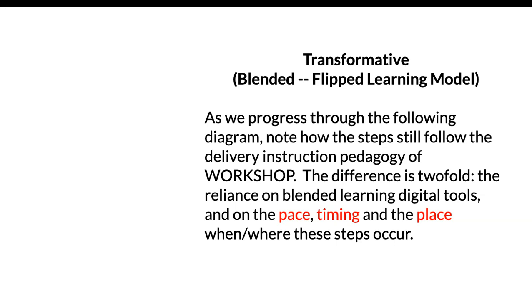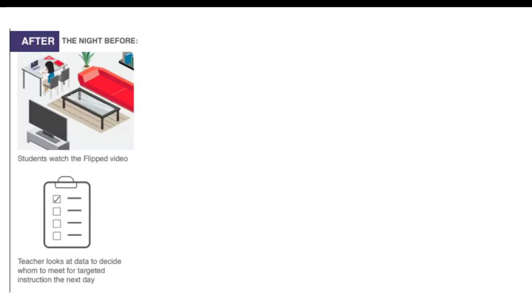And remember that in our definition of blended learning, the 4 elements of pace, path, place, and timing, those 4 elements were super essential in what we define as personalized learning, but also in particular our totality of the blended learning definition. So again, note how those things are shifting and changing in this version, in this transformative blended flipped learning model. So first, the thing that we noticed is that there's some work the night before.